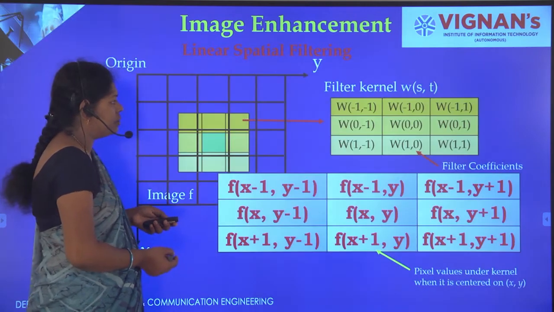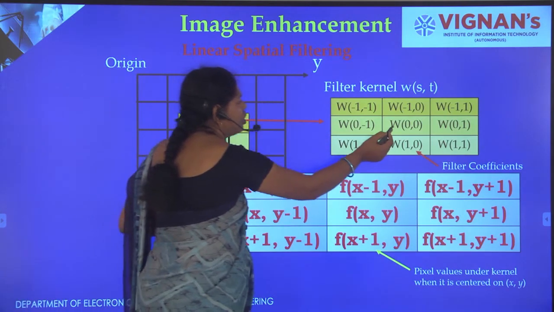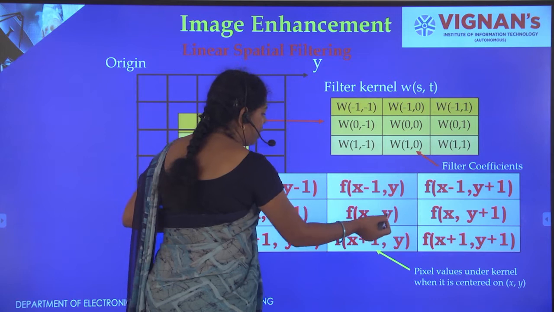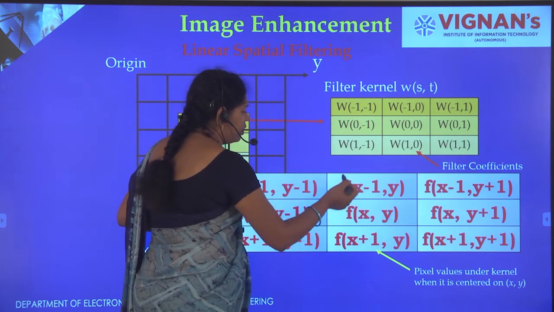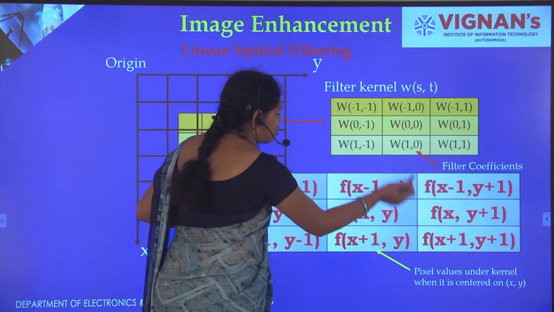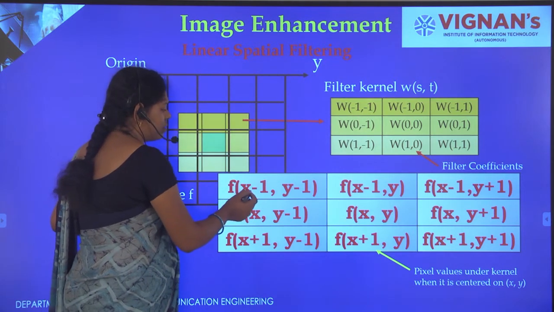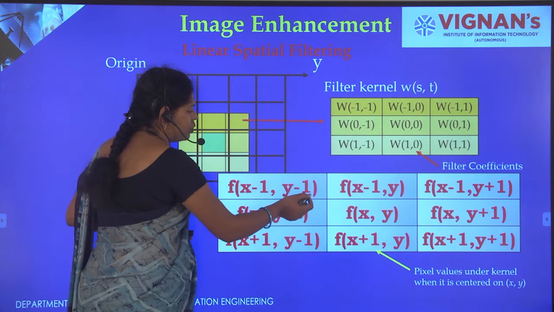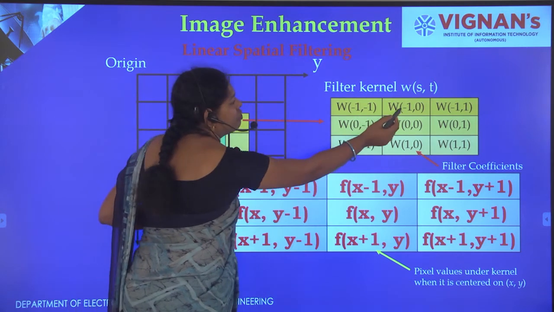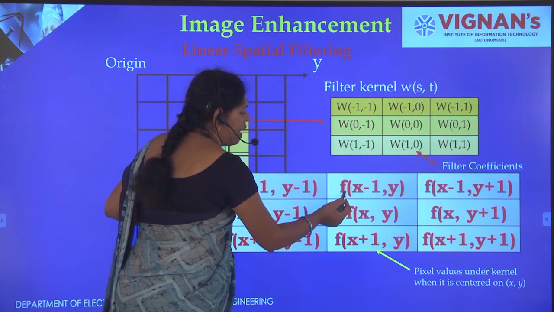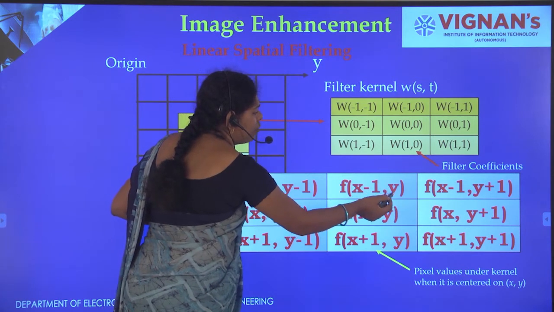Let's see the position of W of 0 comma 0 into f of x comma y, and the next thing is each element has to be multiplied: W of minus 1 comma minus 1 into f of x minus 1 comma y minus 1, plus W of minus 1 comma 0 into f of x minus 1 comma y.